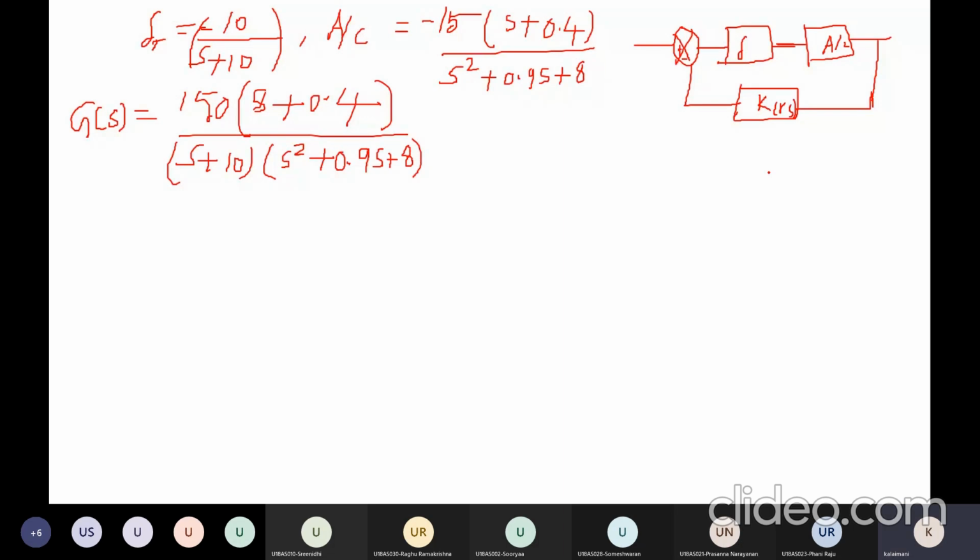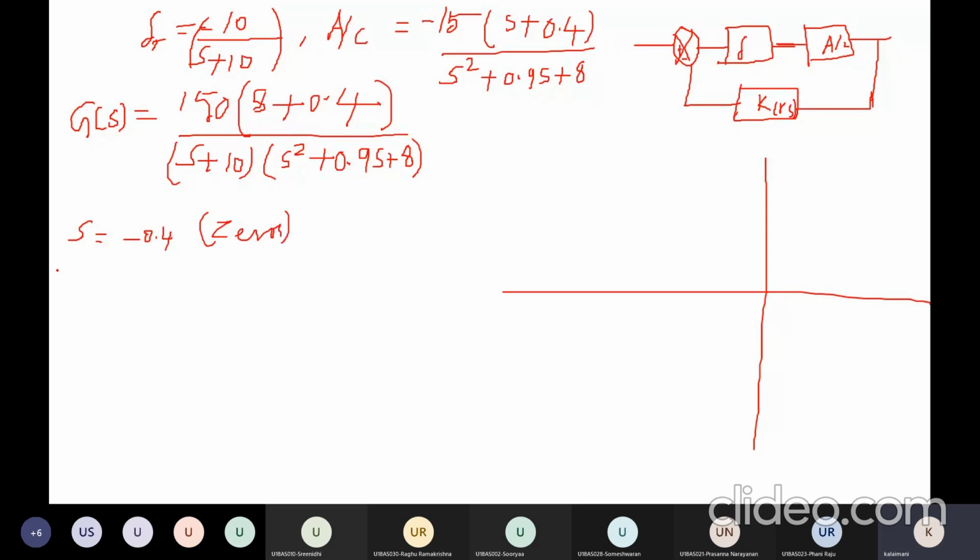Okay, then step 1 is I have to locate the poles and zeros of the given loop transfer function. In this case, the zero is s plus 0.4 equal to 0, so s equals minus 0.4. This is my zero.